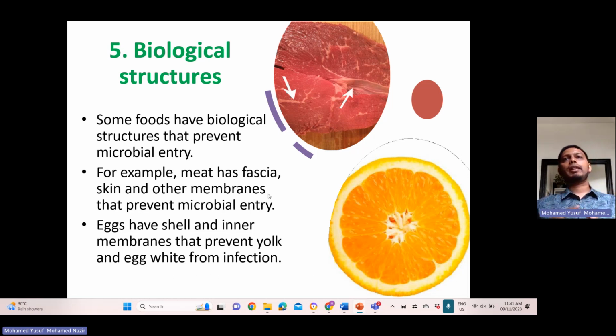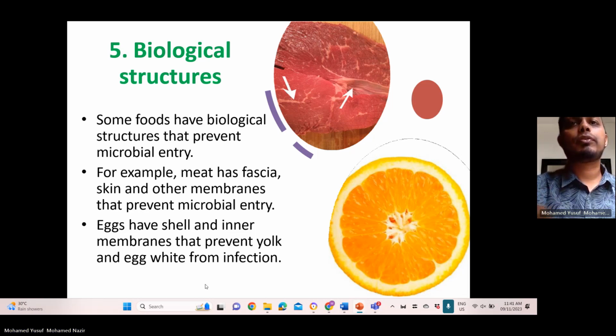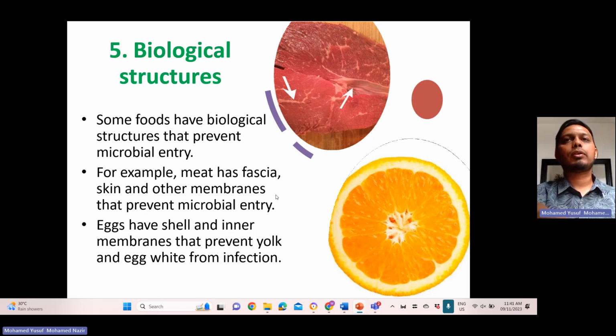But ground meat does not have this structure, as it has already been destroyed, so the meat can easily be contaminated or spoiled by microorganisms.